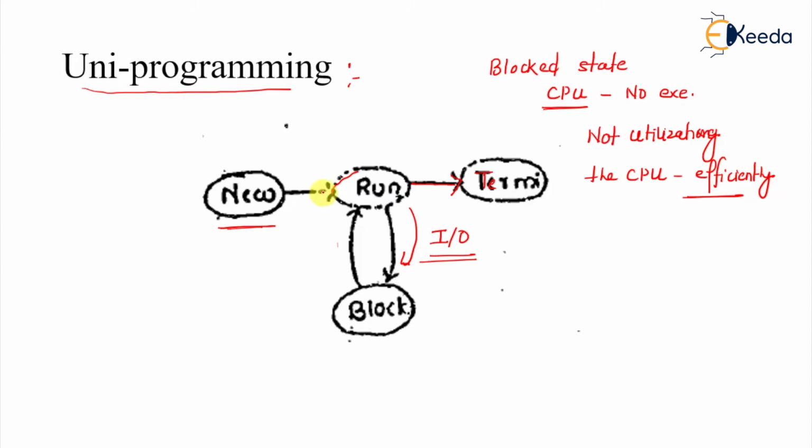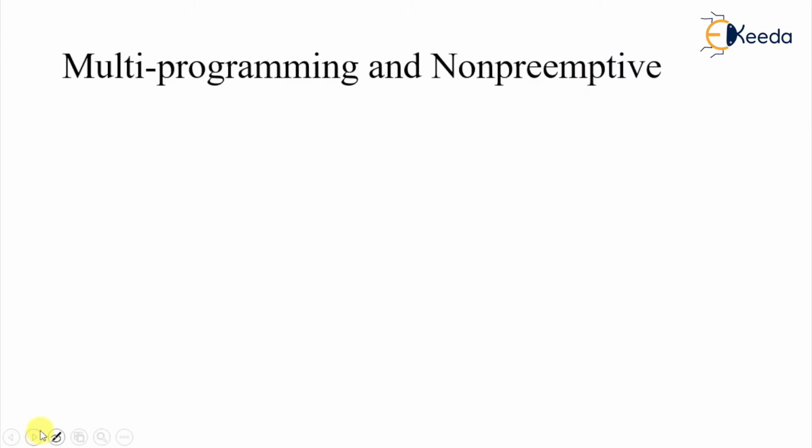What is required in this case is that whenever a process goes to the blocked state, we immediately pick a new process and schedule it so that it goes into execution. Once that one gets blocked, and whenever the earlier process becomes ready, we pick it up again. That is basically a multi-programming environment, where we are running multiple processes at a time.